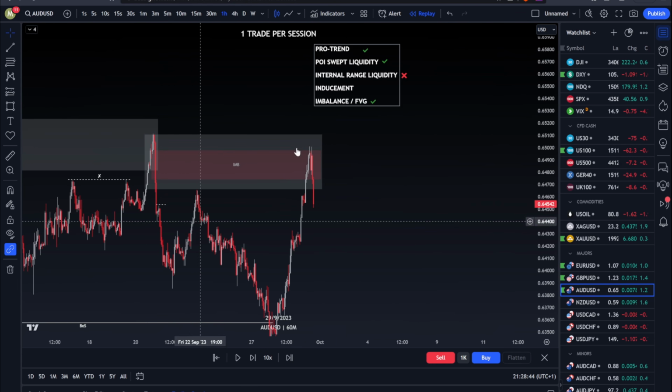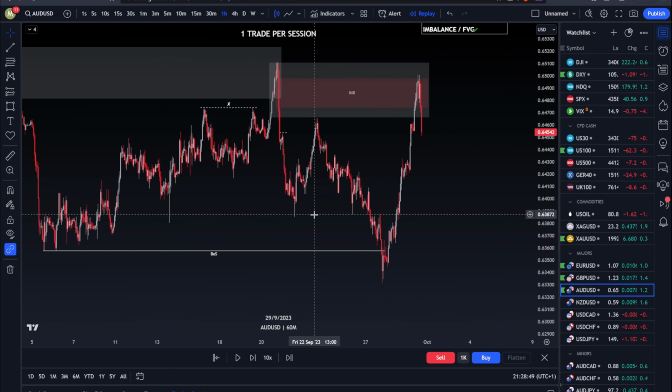So now we're looking for inducement, and inducement is also liquidity. People sold over here, and that's basically the early sellers, because they may have sold from a discounted zone or a premium zone, but that doesn't mean price can't come back and take out more of the inefficiency, more of the fair value gap, more of the imbalance.